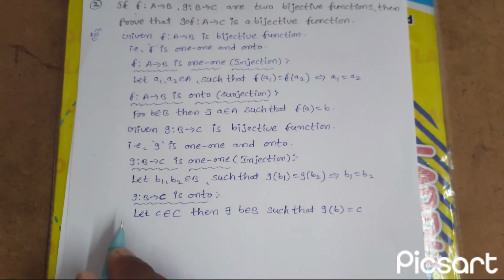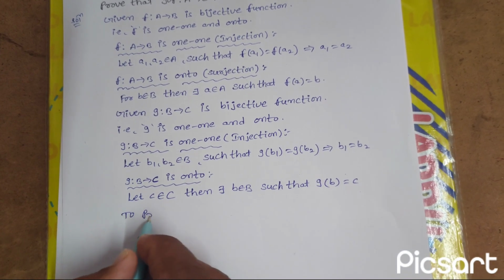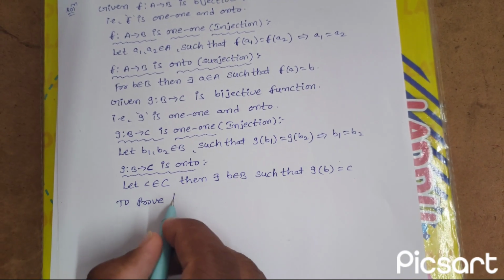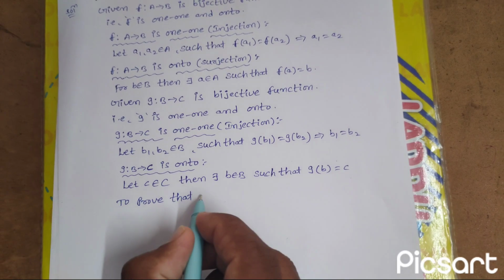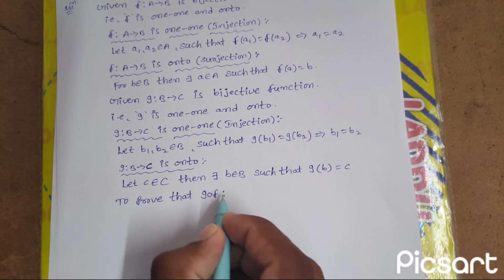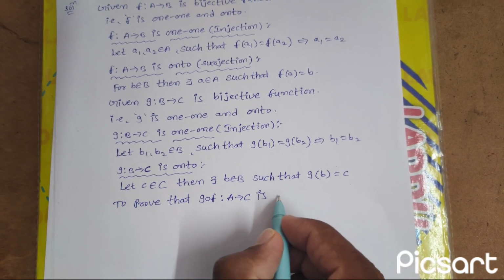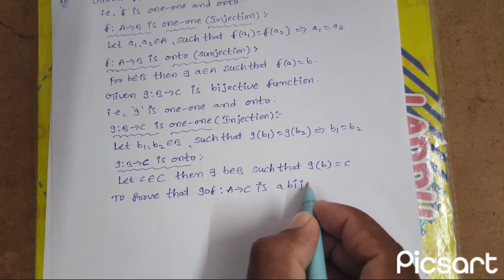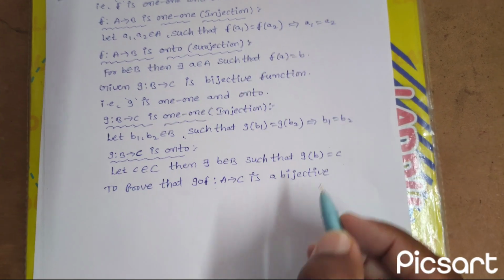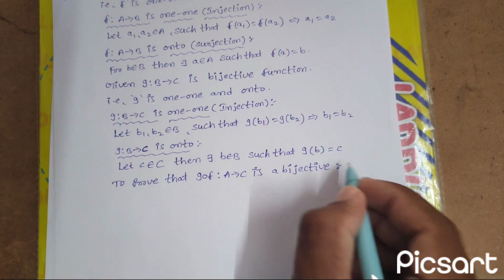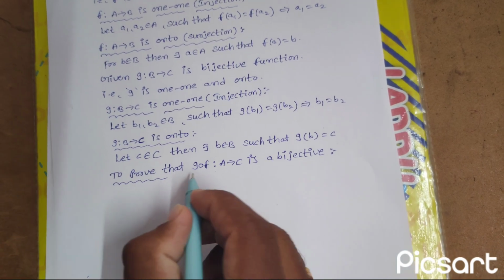Finally we prove that g circle f from capital A to C is a bijective function. Bijective means bijection.